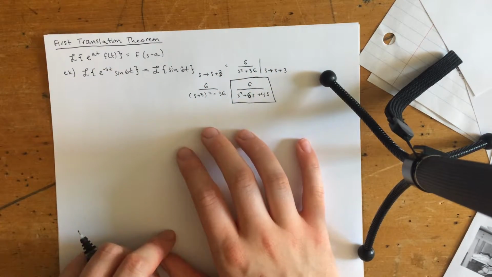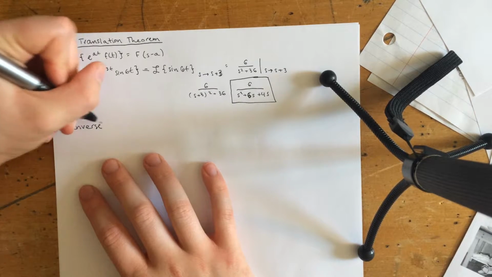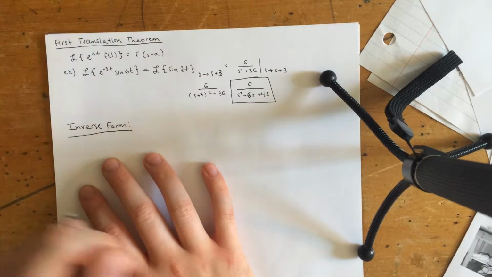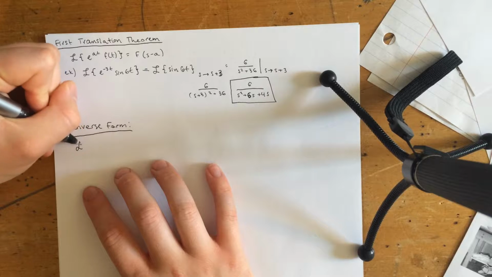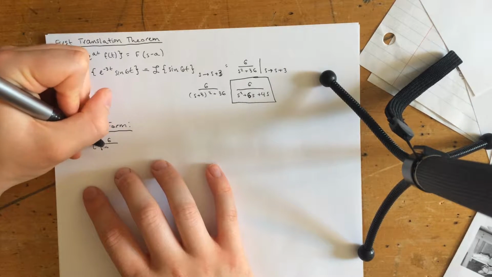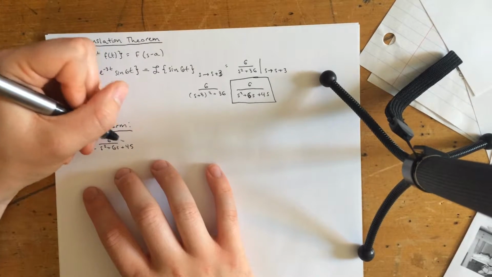Now there's an inverse form of this, and I'm going to show it by taking the inverse Laplace of what we just found right here. So the inverse Laplace of 6 over s squared plus 6s plus 45.